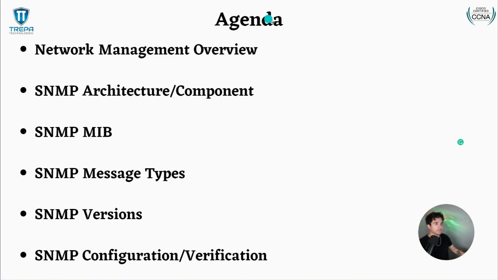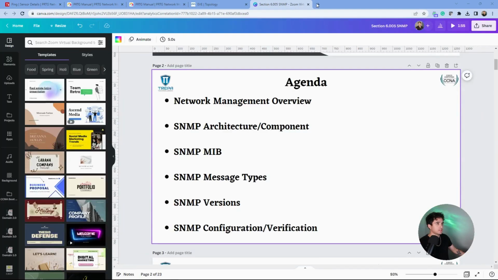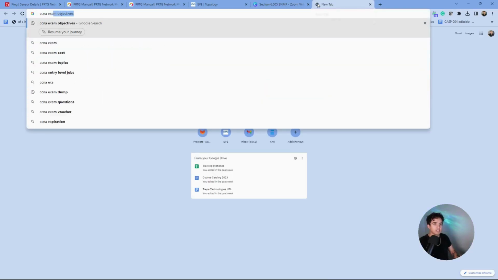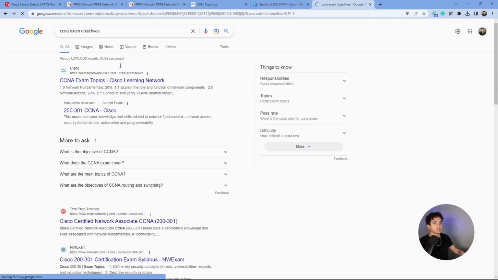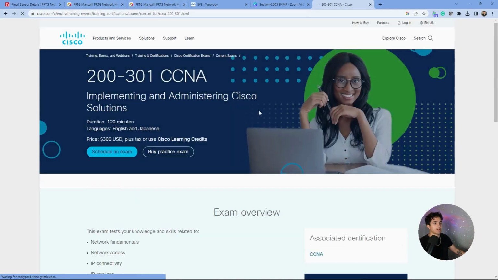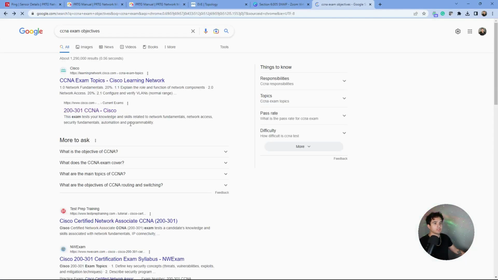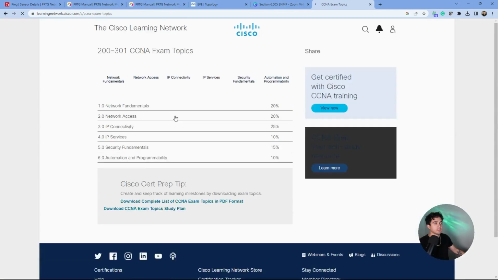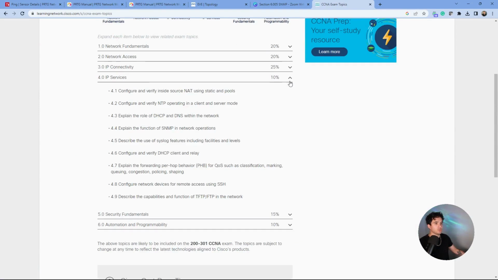Before we start, let me go over the CCNA exam objectives. What the CCNA wants you to do is explain the function of SNMP in network operations.